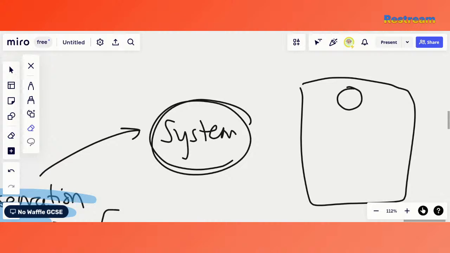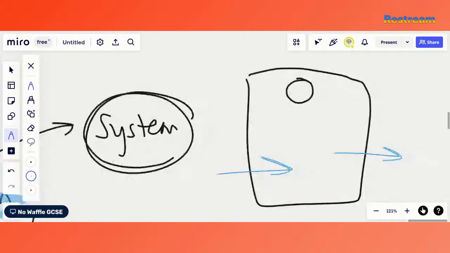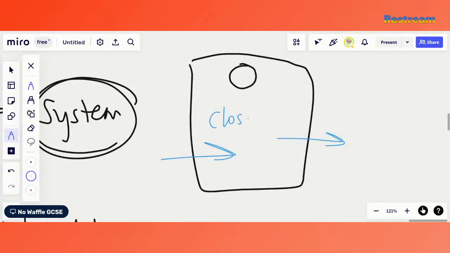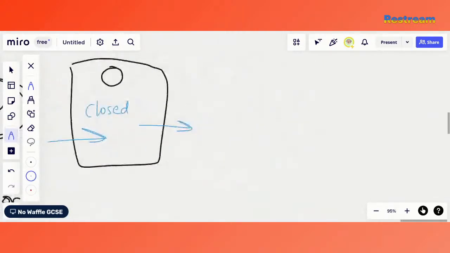Now, a closed system is when neither matter nor energy can enter or leave the system. This is what we call a closed system. For example, if you look at space, space has no air. Therefore, no energy or matter can be transferred in because energy and matter can be transferred through air.